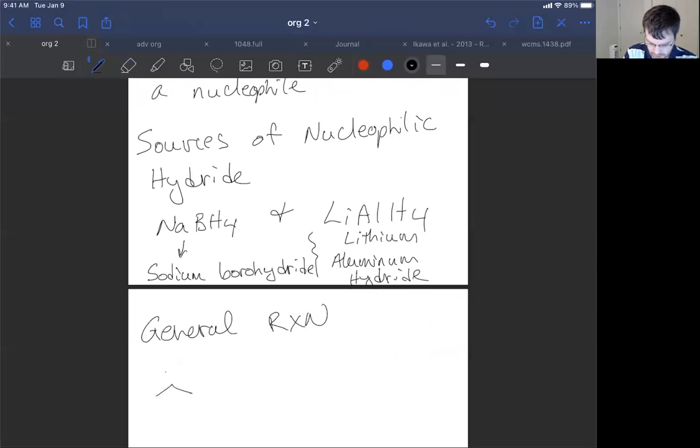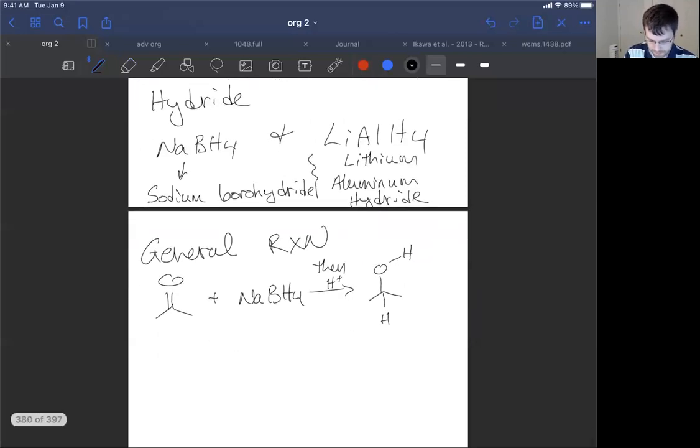We could take a carbonyl and add to it sodium borohydride. That would give us a product where we've added an H minus to the carbonyl carbon. And if we follow the reaction up with an H plus workup, which I denote as then H plus, we'll add the H plus to the oxygen atom. Alternatively, we could use lithium aluminum hydride.